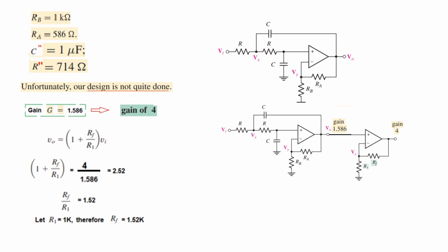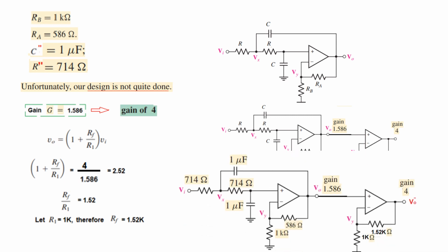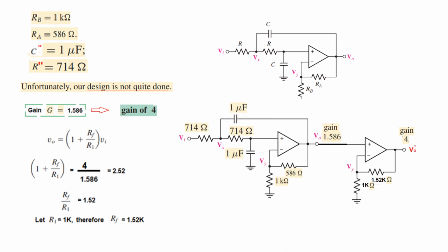So the required gain is 4 divided by 1.586, which is 2.52. And from here, RF over R1 is 1.52. Now if you assume R1 to be 1 kilo, then RF should be 1.52 kilo to meet this requirement. So our final circuit would look like this, plugging in all the values. So this is the final answer.